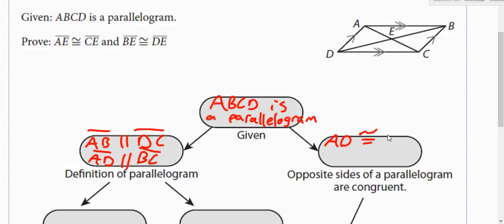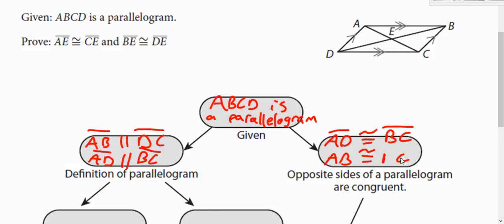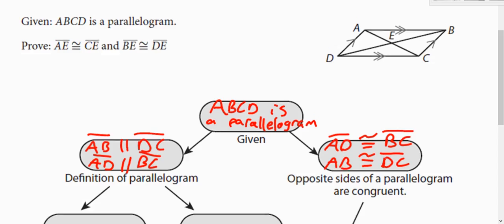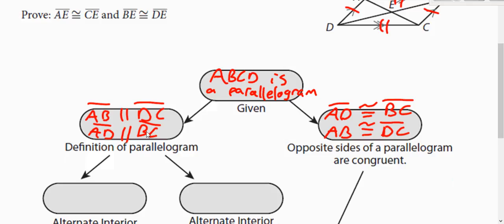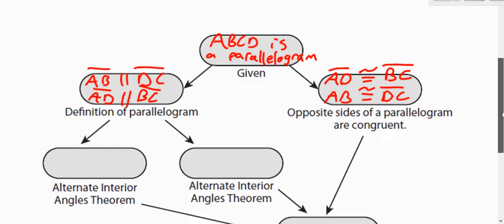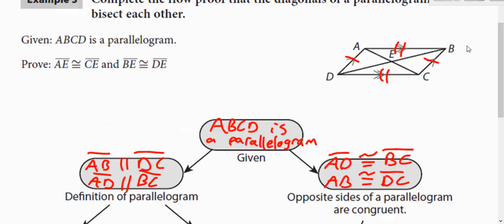AD is congruent to BC, and AB is congruent to DC. We've got opposite sides are congruent, opposite angles are congruent, or opposite sides are parallel, which is going to lead to a bunch of alternate interior angles.